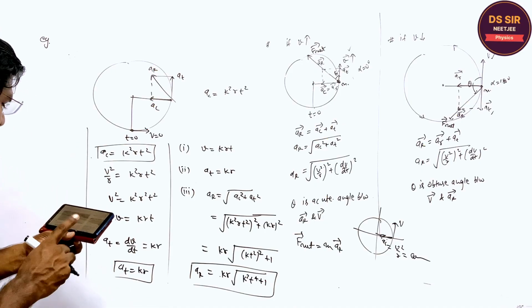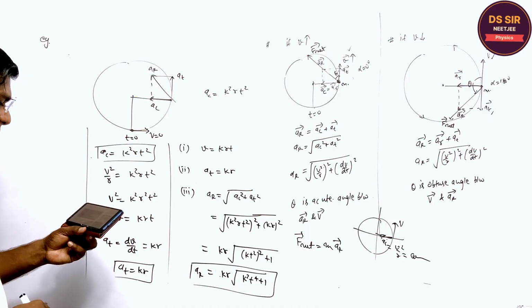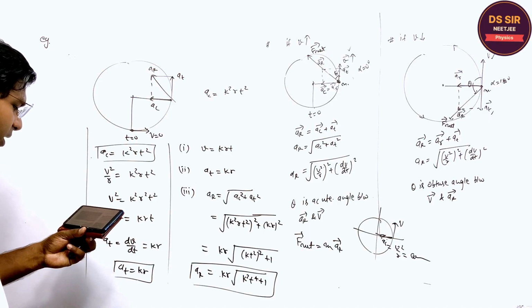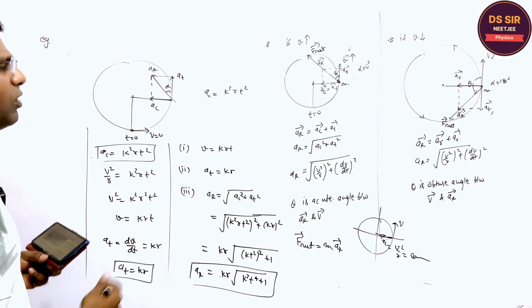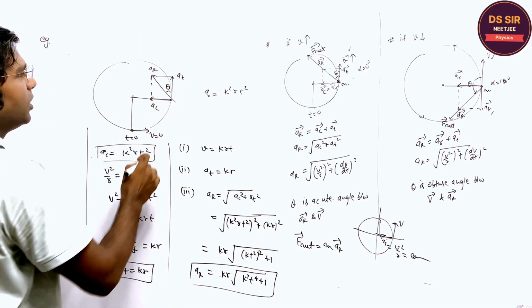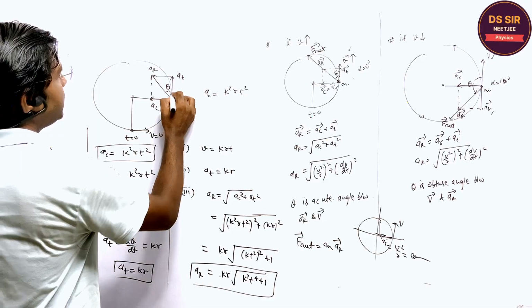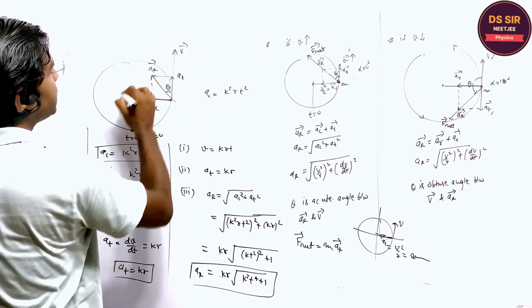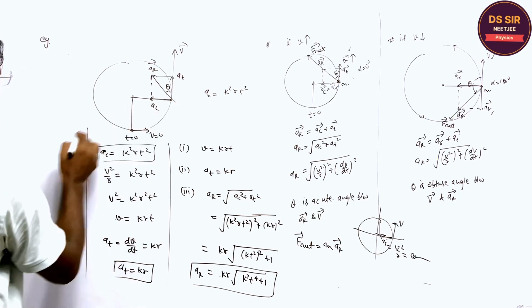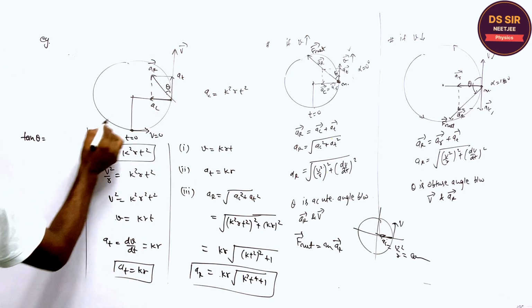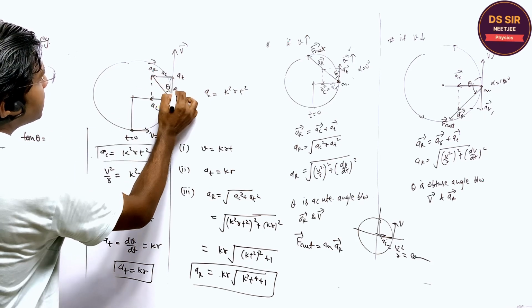And what they are asking in the D part is the angle made by the resultant with the tangential direction. It means they are asking this angle alpha, or whatever you want to write, theta, because this is the tangential direction of the velocity, and this is the resultant. So how to find the angle theta? This is tan theta, which is nothing but AC and AT.